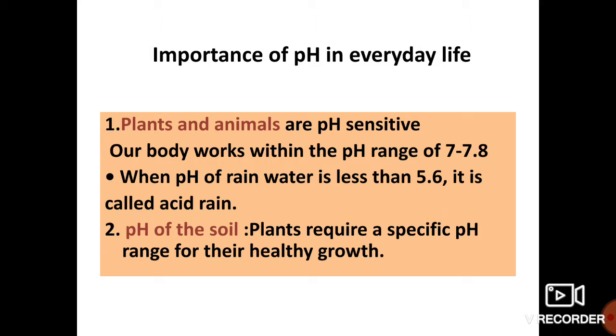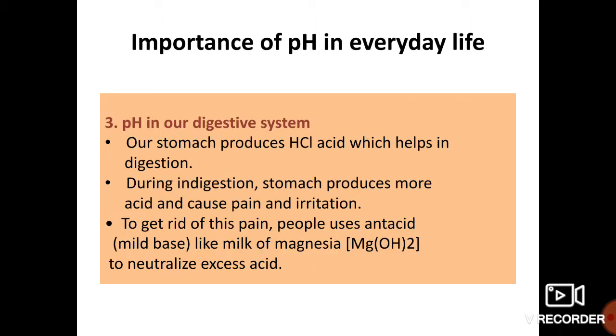Since 7 is neutral, less than that means it is acidic in nature. That's why you can call it acid rain. pH of the soil: plants require a specific pH range for their healthy growth. If the soil is more acidic or more basic, then the plants cannot grow in that soil.